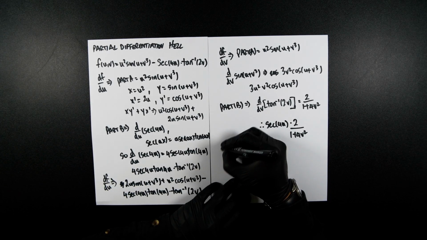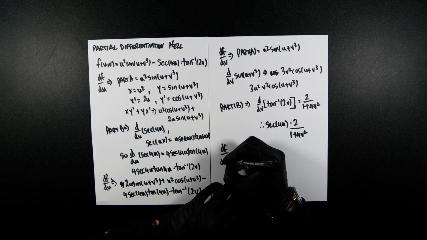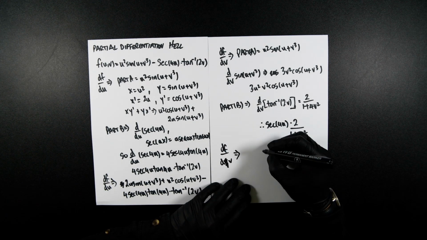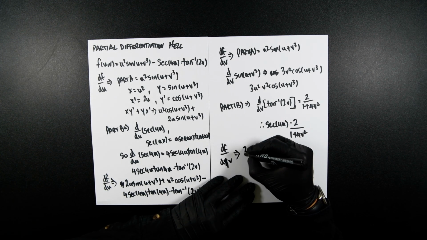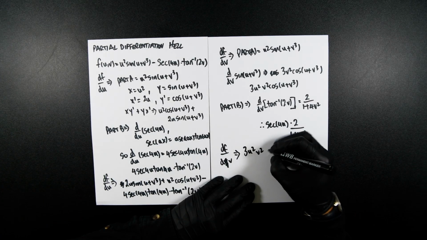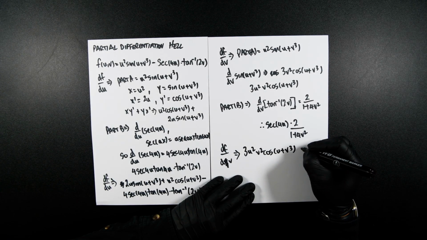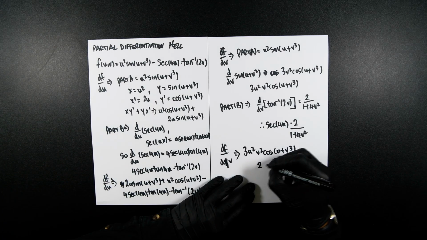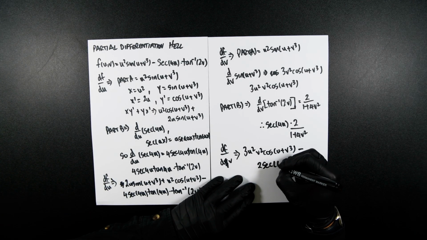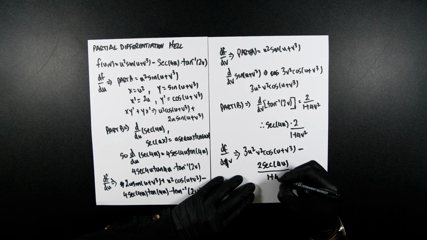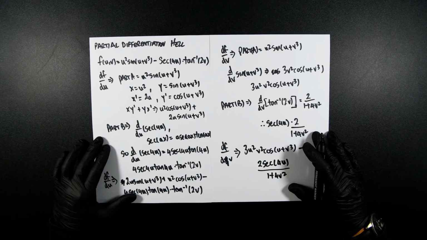So if we now bring this all together, df/dv is going to be 3u squared v squared cos(u plus v cubed) minus, and let's just put it up here, 2 sec 4u over 1 plus 4v squared.